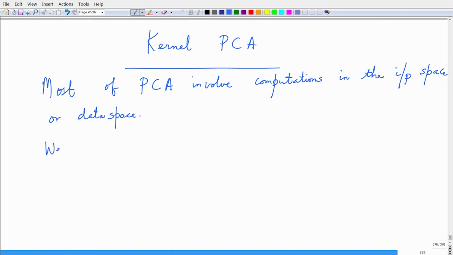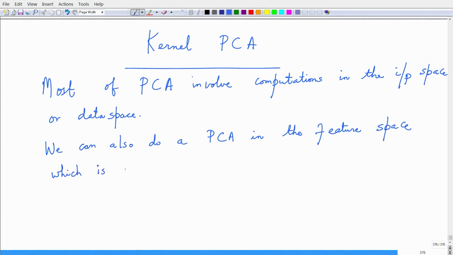Now, we can also do a PCA in the feature space, which is nonlinearly related to the input space.